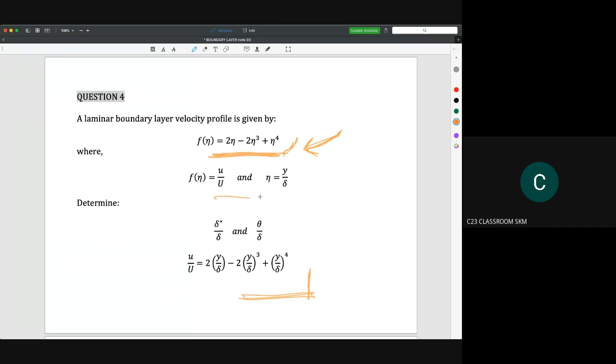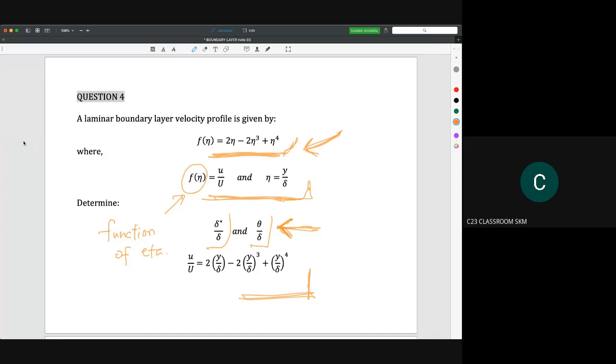Please remember the assumption we need to use: f(eta), which you can read as function of eta, is u over U, and eta represents y over delta. For the same question, we need to express delta star over delta and theta over delta.